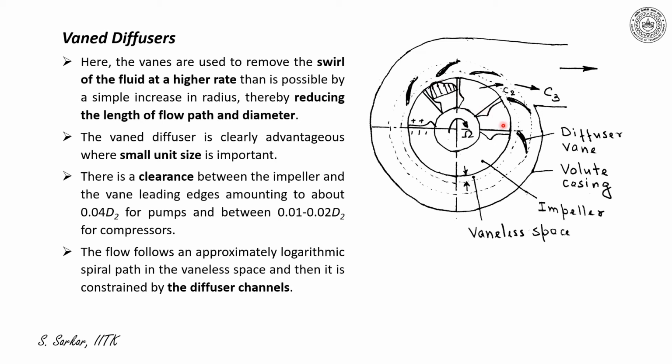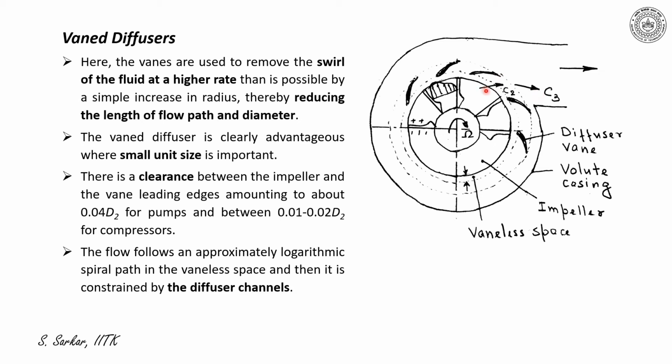Furthermore, there is a gap between the leading edge of the vane and the impeller exit, which has been indicated by vaneless space. This clearance is important for the diffusion of fluid. Thus, as indicated here, C2 is the absolute exit velocity of air from the impeller and C3 is the absolute velocity of air from the diffuser.